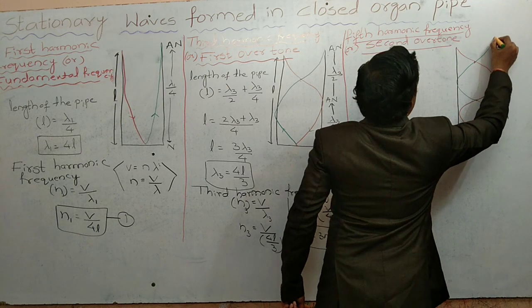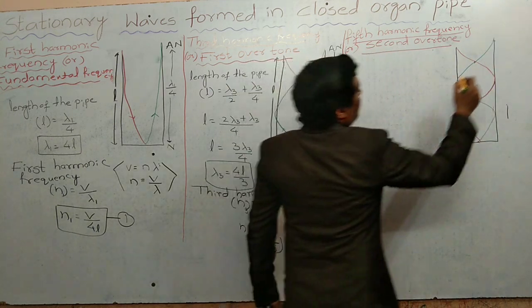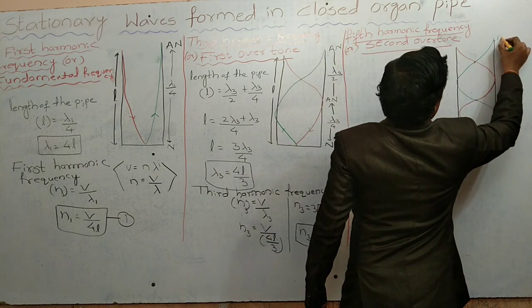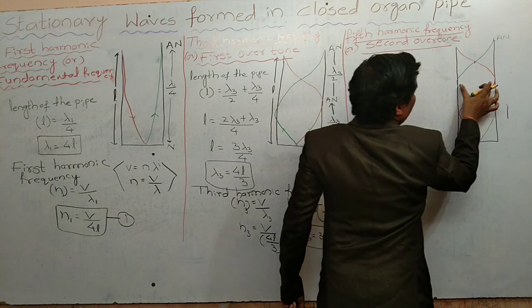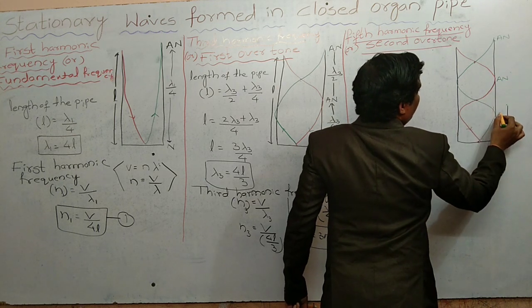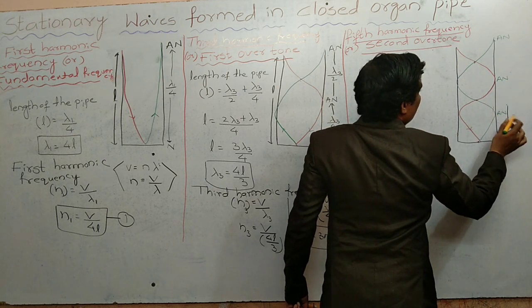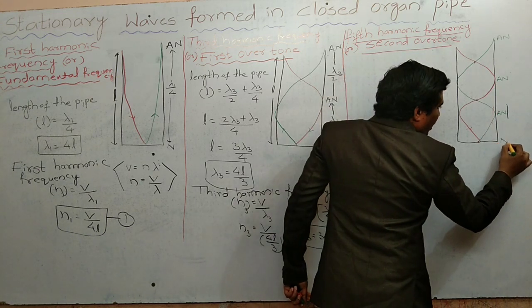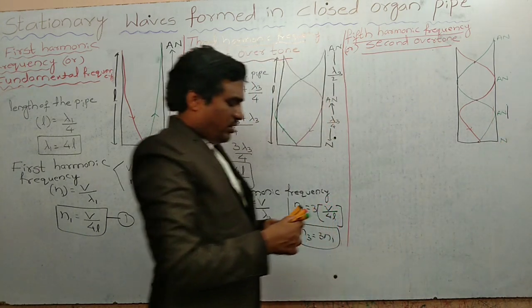Maximum amplitude position is called antinode. Here also it is antinode, and we don't have any further antinodes, so we should stop at a node.